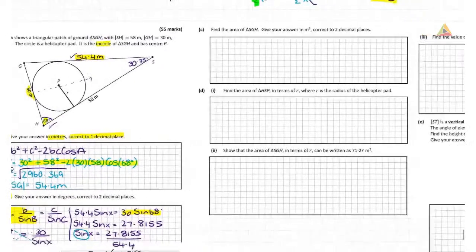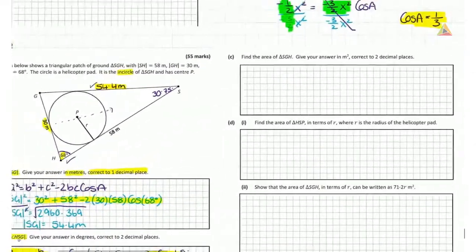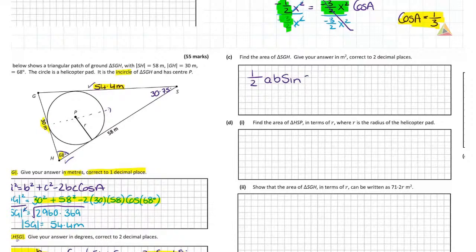Okay, moving across here so that I can still kind of see my diagram. We're asked to find the area of the triangle SGH and give our answer in meters squared, correct to 2 decimal places. So we're going to use our trigonometry area of a triangle formula. That's a half ab times the sine of the angle C. So that's going to be half the product of any two sides.